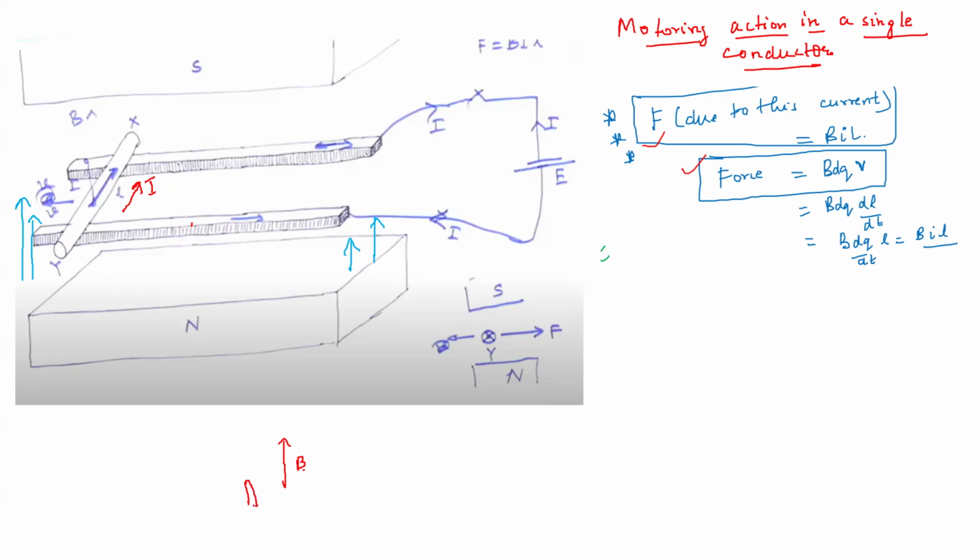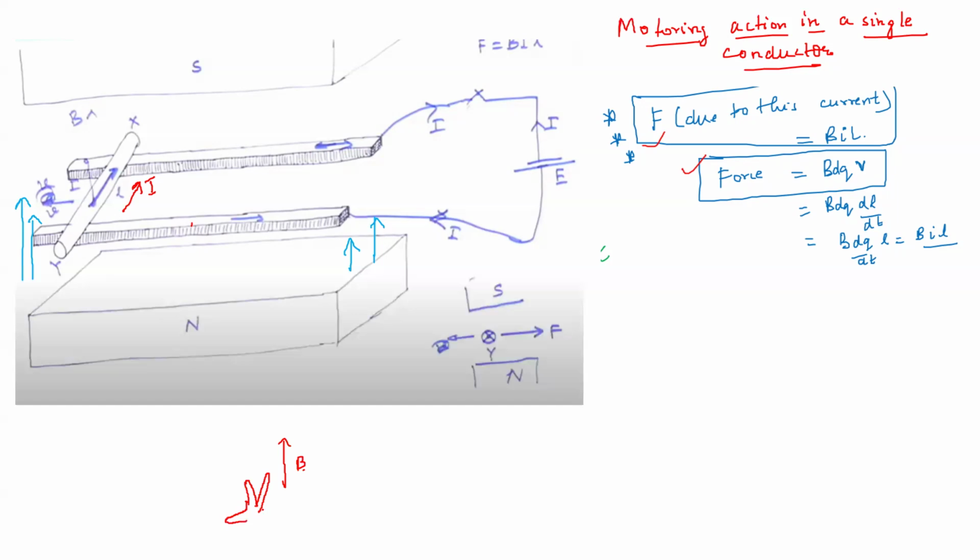Then your thumb will give us the direction of motion, but before that we have to place our middle finger in the direction of current. So you will place your middle finger something like this, and then this will be your thumb.